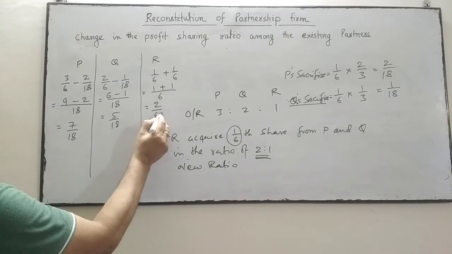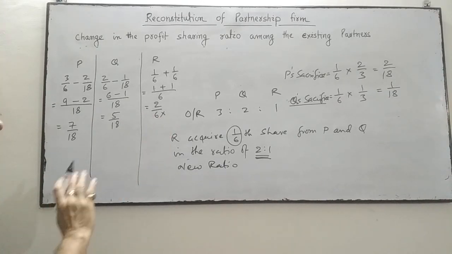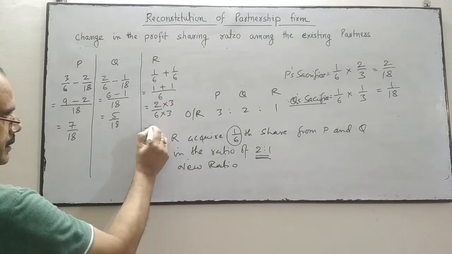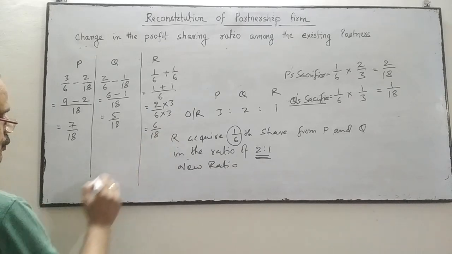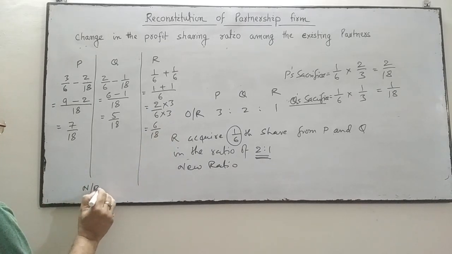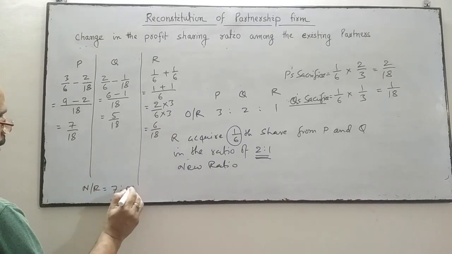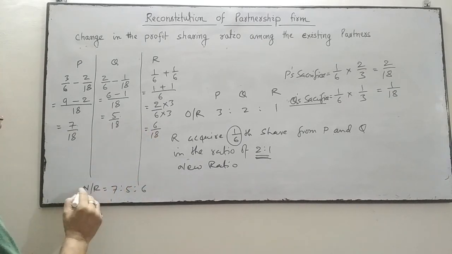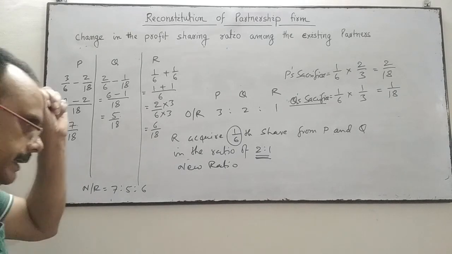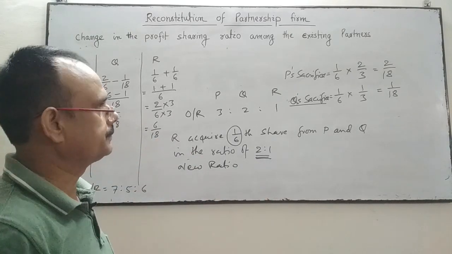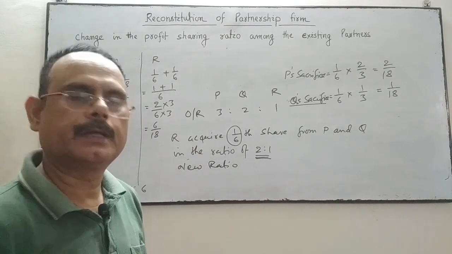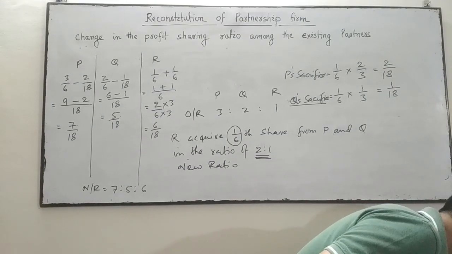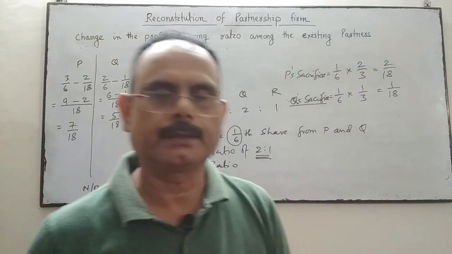Now I want to make the denominators equal, that's why I am going to multiply by 3, it is 6/18. So new ratio will be 7:5:6. 7:5:6 will be the new ratio, and the sacrificing is in the ratio of 2:1.